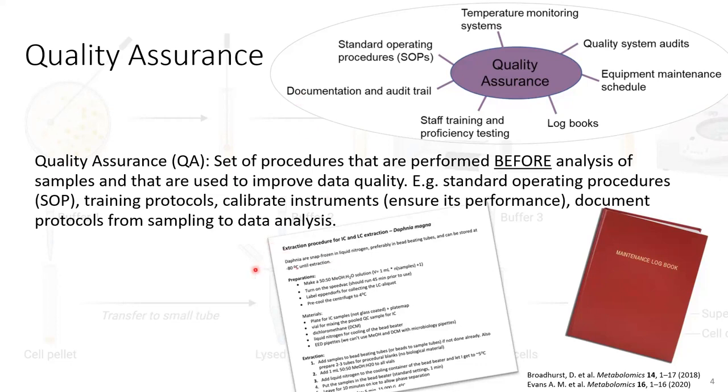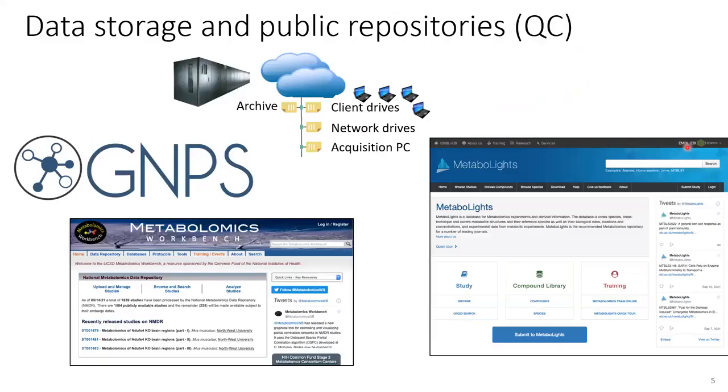And if we then jump into data storage and repositories, then it would be a good idea to think about, when you acquire the data, how the data are going out to the clients or the person that is working on the data.